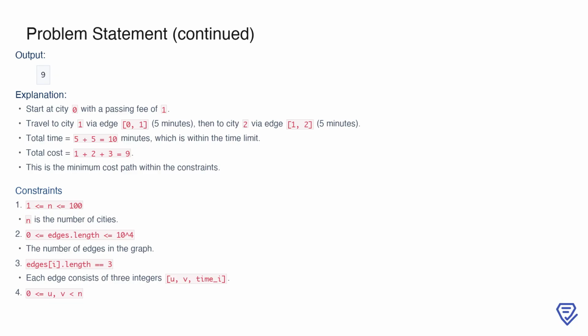From city 1, we continue to city 2 using the edge [1,2], which also takes 5 minutes and adds another passing fee of 3. The total time spent is 5 plus 5 equals 10 minutes, which is within the allowed time limit. The total cost is 1 plus 2 plus 3 equals 9. This is the minimum cost path that satisfies the constraints, so the output is 9.